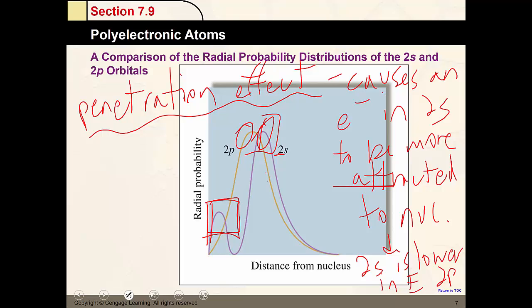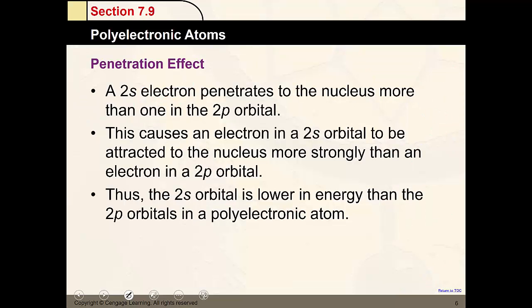Okay, so when looking at this graph, even though the maximum of 2p, its most likely spot, is closer to the nucleus, with the 2s we still have to take this into account as well. We say the 2s penetrates to the nucleus more than the electron in the 2p orbital because of that hump.